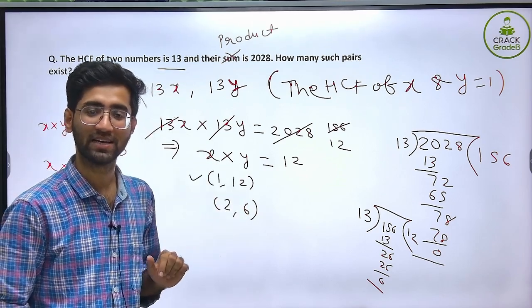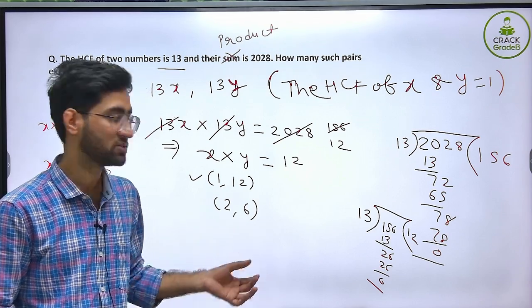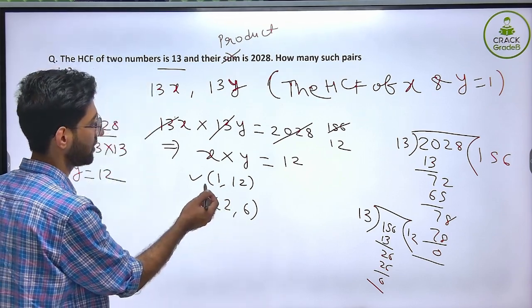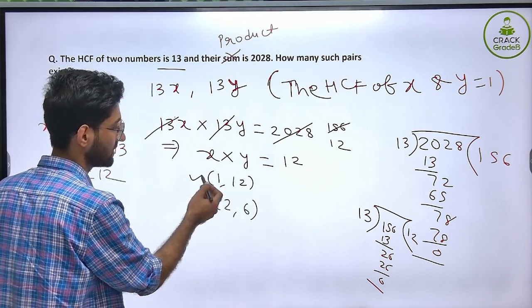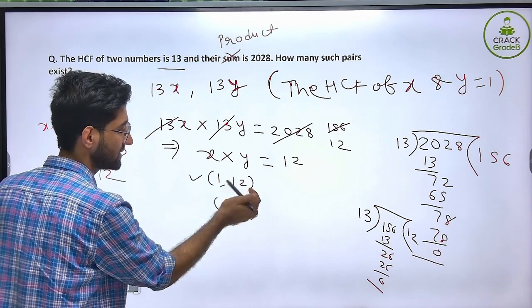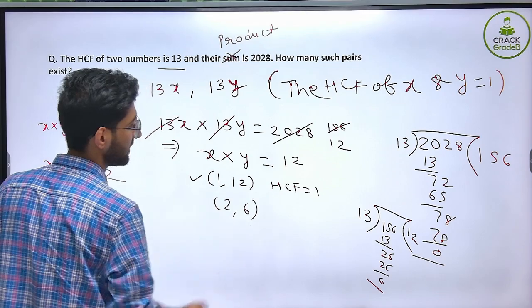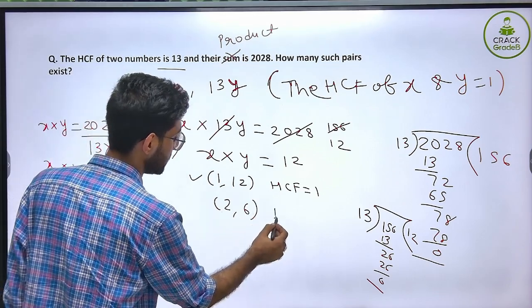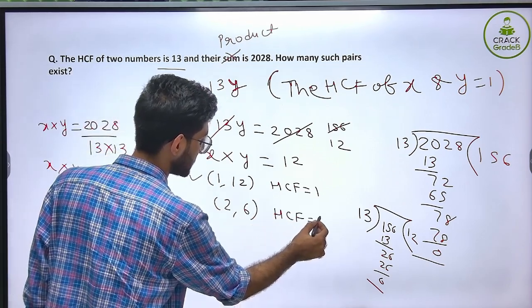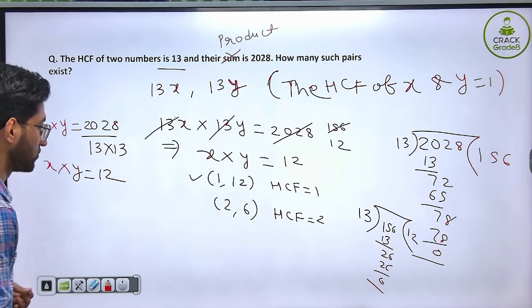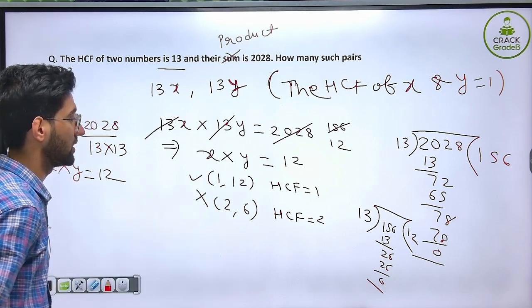But we can only take those values if we get the HCF equal to 1. See, 1 and 12, the HCF is 1. But if you find the HCF of 2 and 6, you will find HCF as 2. So you can't accept this value.